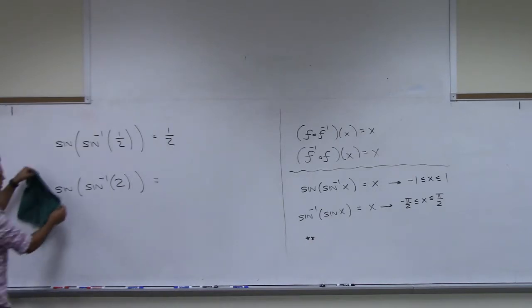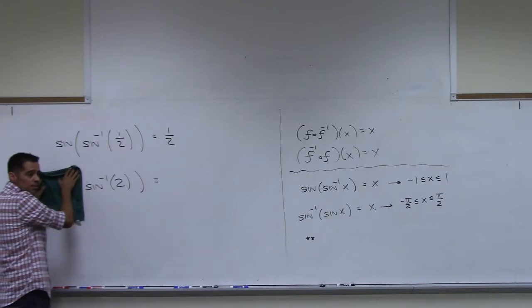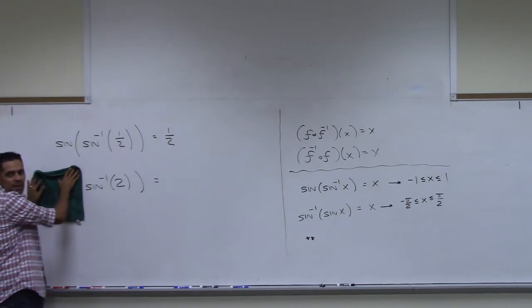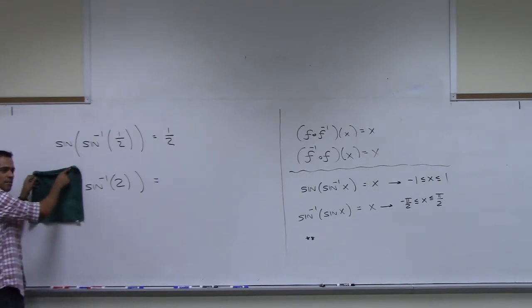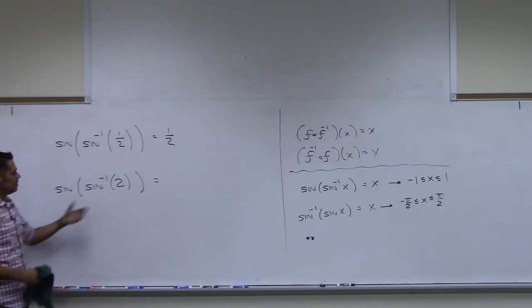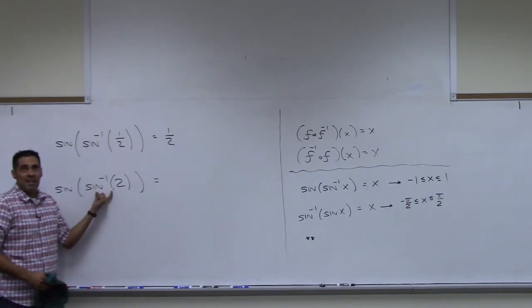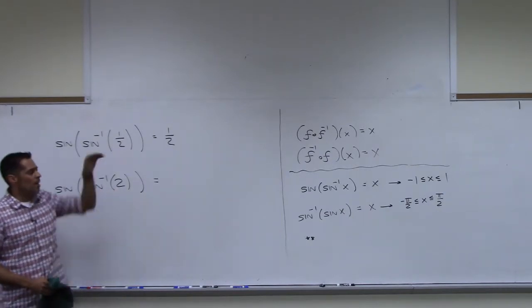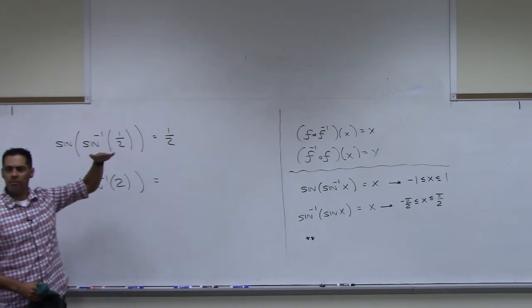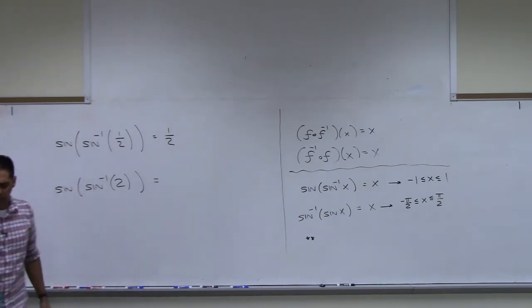Let's cover this up. This means I need to go to my unit circle and look for a y-coordinate of 2. And it's not there because the unit circle has radius of 1. This is not ever going to happen. This is actually undefined. This is basically equivalent to asking where the sine function equals 2, but the amplitude is between negative 1 and 1, so it never reaches 2. So it's undefined.